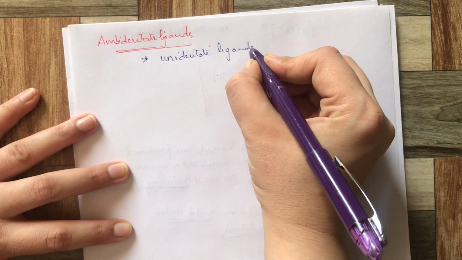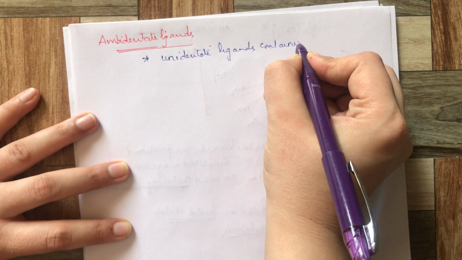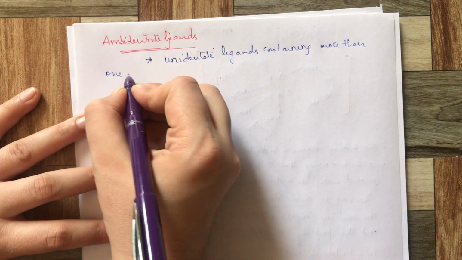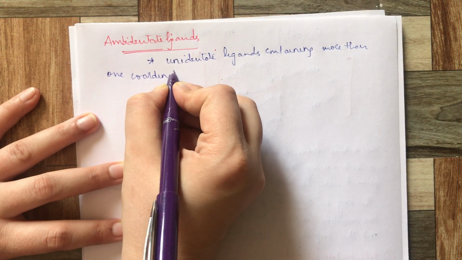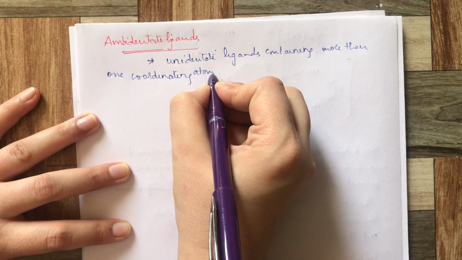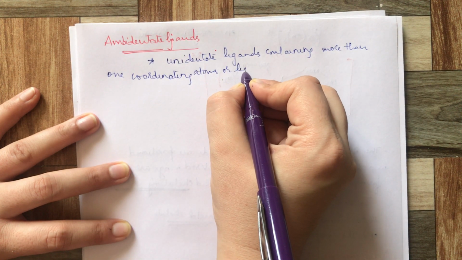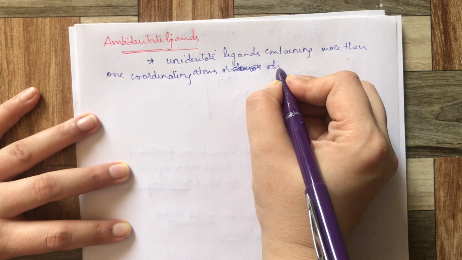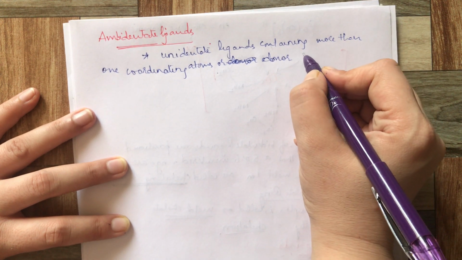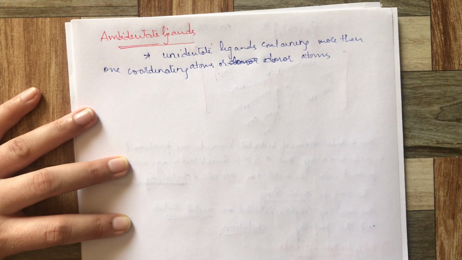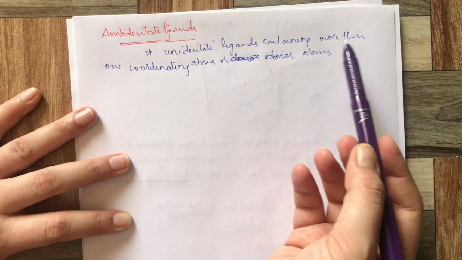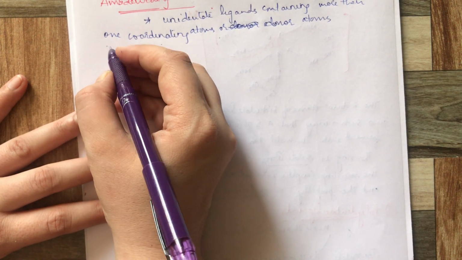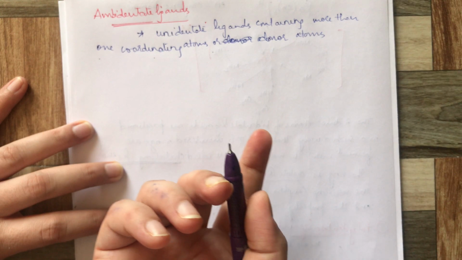They are unidentate ligands containing more than one coordinating atom, or donor atoms. That is called an ambidentate ligand.